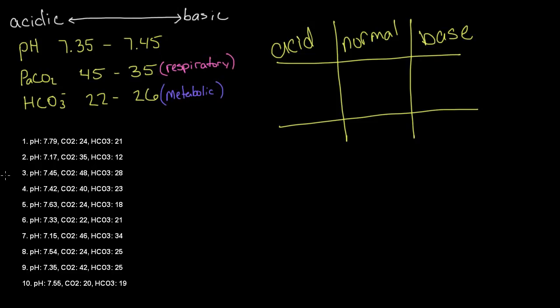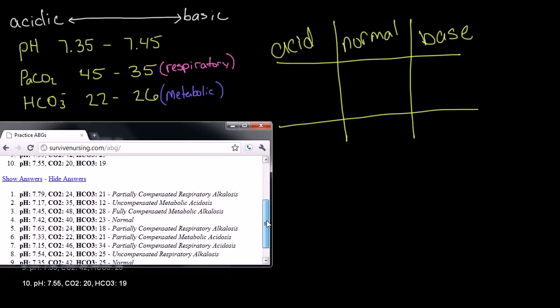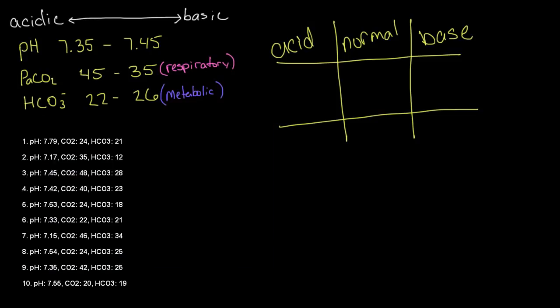Okay, moving on to problem number 10. Oh, actually, let's double check that really quick. So number 9 is normal. Okay. So number 10, pH of 7.55. This is basic. CO2 of 20. This is also basic. And an HCO3 of 19, which is acidic.